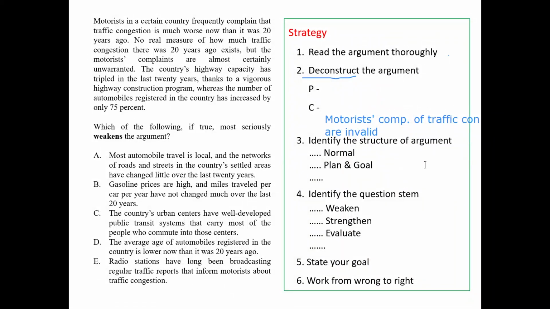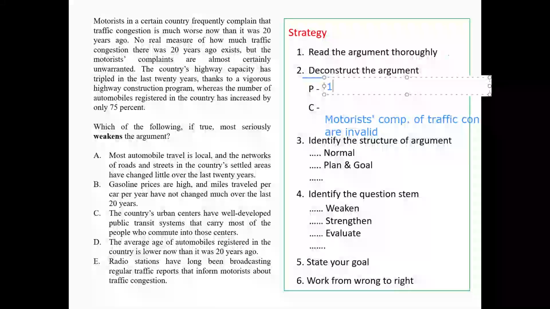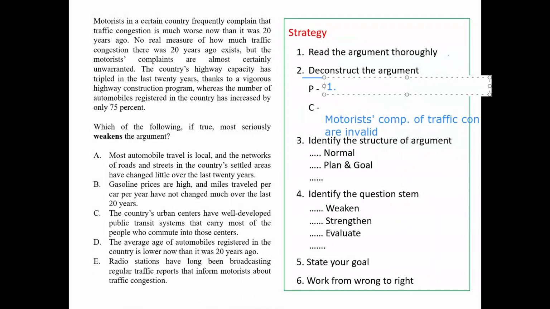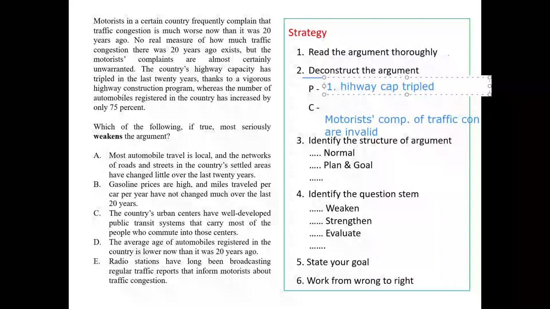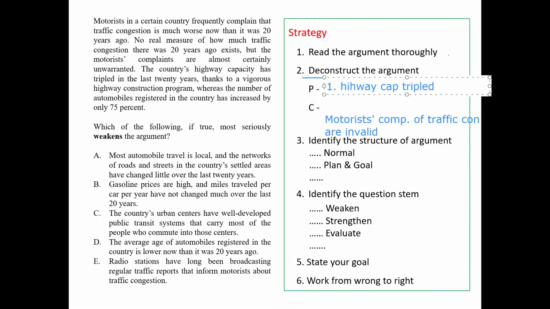So how did he make this conclusion? What is the supporting information he gave to prove that motorist complaints of traffic congestion are incorrect? Let me identify that. The first point he said, highway capacity tripled. So if highway capacity tripled, obviously there cannot be traffic congestion, isn't it? So that is one supporting information.